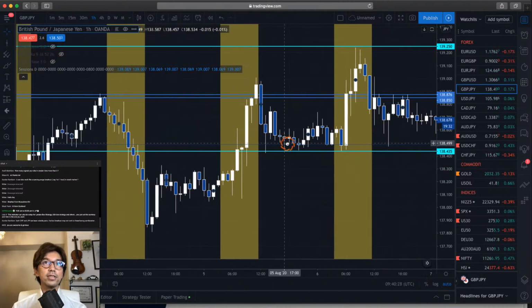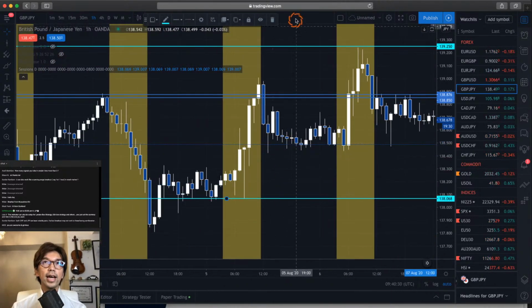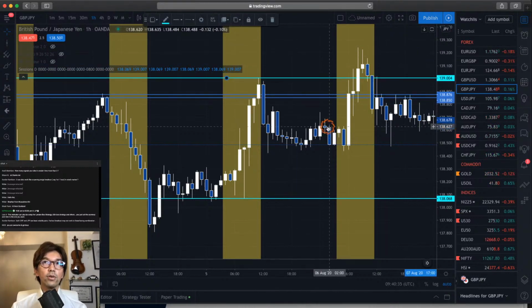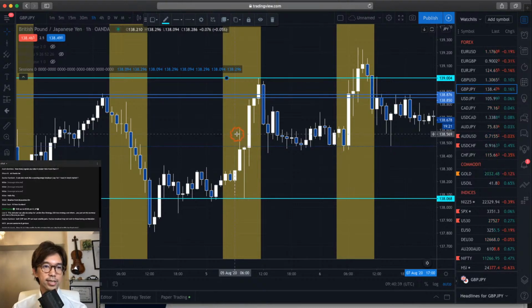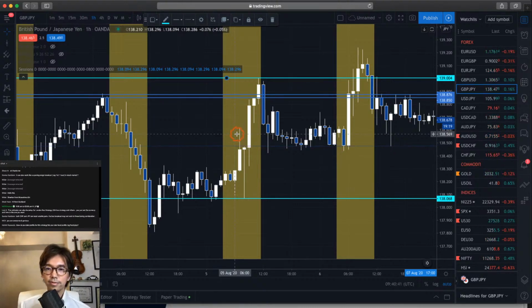And the previous day also, the lowest price and highest price, and the market did not break towards either direction. So on this 5th of August, there was no trade. So yeah, these are examples of how you can take this Tokyo box strategy as one of the confirmations to take a trade.